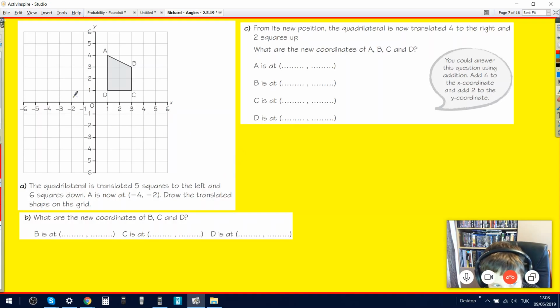So -4 and then go down 2. Yeah. And then that would be where A would be, and then we would need to draw the shape in its new place on the grid.